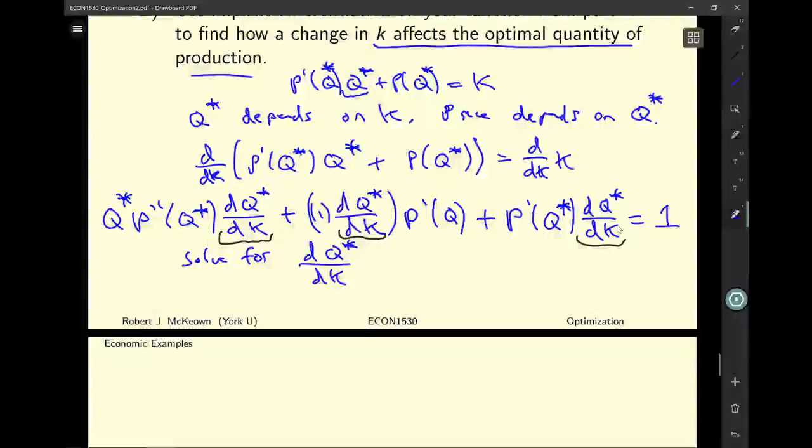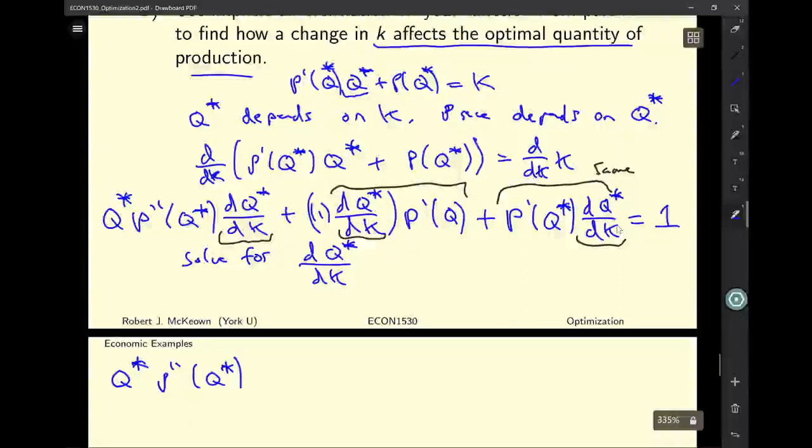And notice that, oh no, that's right, these two are the same. So I can rewrite this Q star P double prime, two, and I can choose how I want to write it.